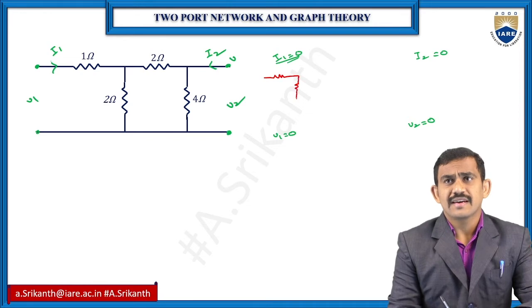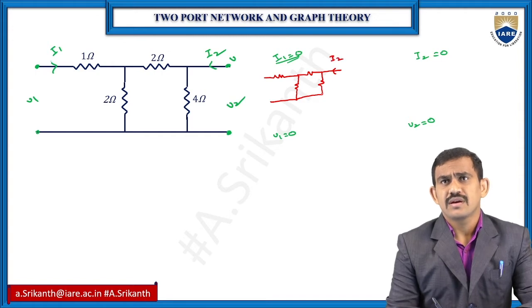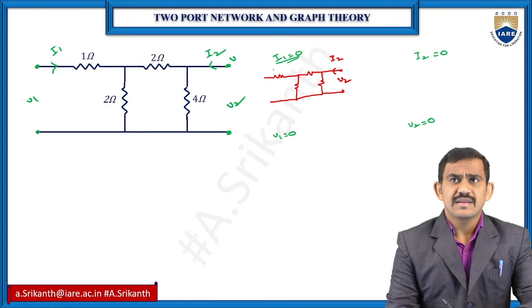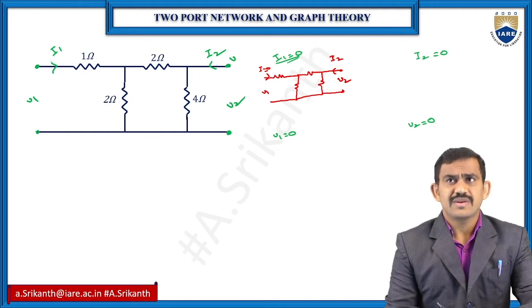Now we have 2 ohms as it is and 4 ohms as it is, and we have I2 and V2. Here I1 is 0 and we have V1 also. I1 is 0, the primary side is open.